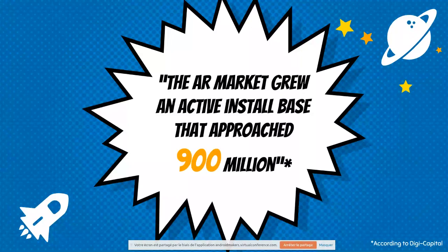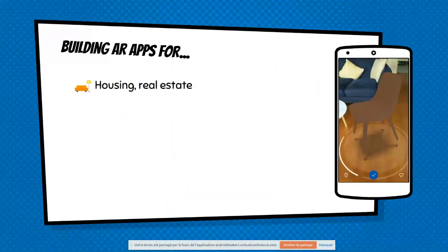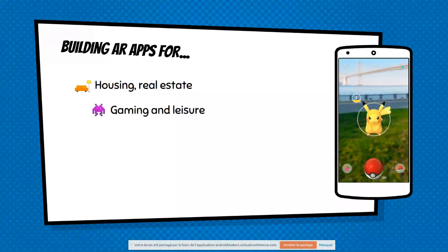Also, AR has many fields to work with. You can build apps, for example, for housing and real estate, like the IKEA app, where you can place chairs and sofas and imagine what your house is gonna look like. Also for gaming and leisure, obviously the famous Pokemon Go application.